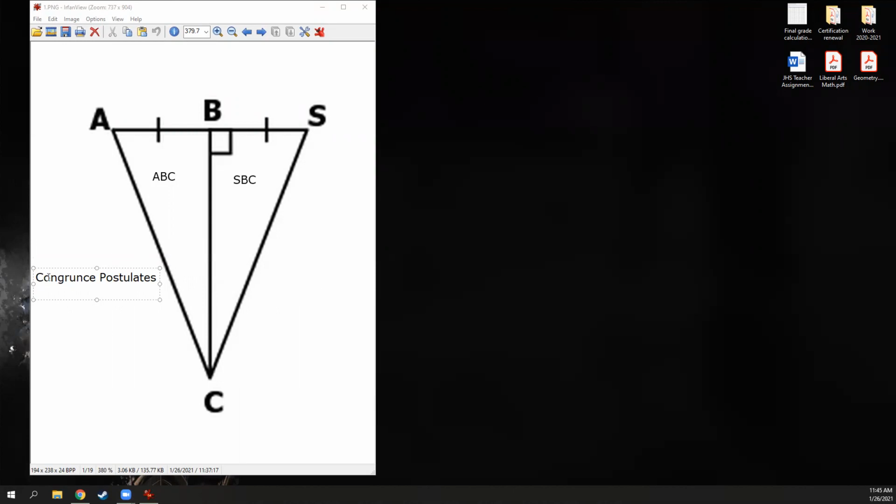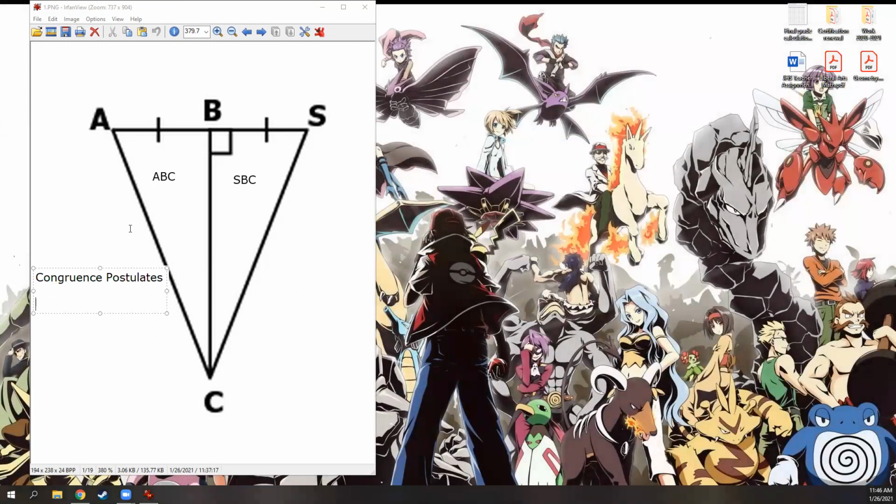Now, these are purely based on congruency, which I spelled wrong. Congruency. There we go. Congruency postulates. So there are four that we're going to go over today, and they're entirely based on what sides or angles you have proven are equal in the other triangle.